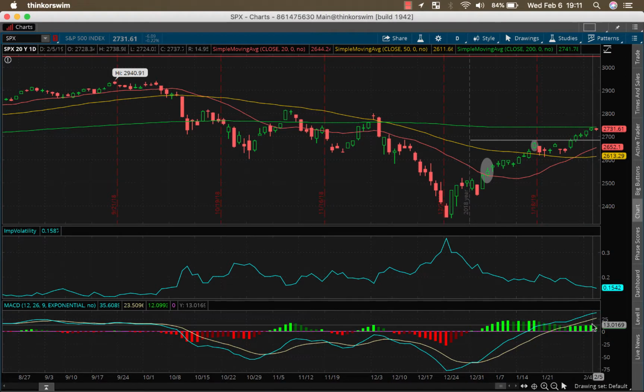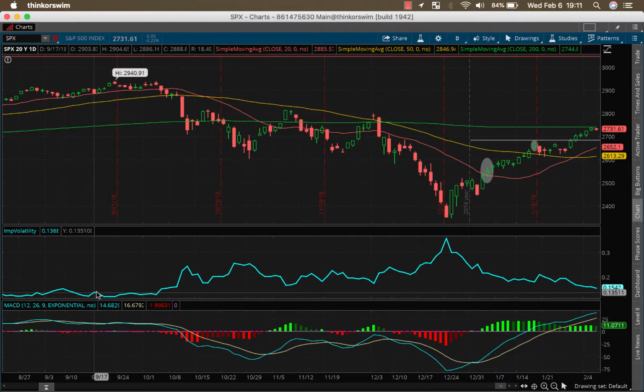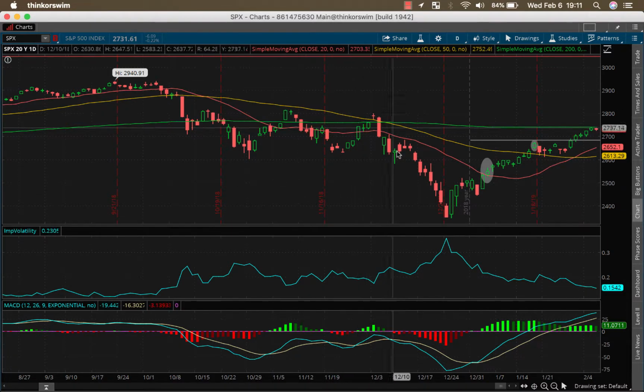There's no crossovers towards the downside. And implied volatility is also starting to really come back down to where we were, or not quite there, but starting to get there. So obviously a lot of movement going on there.